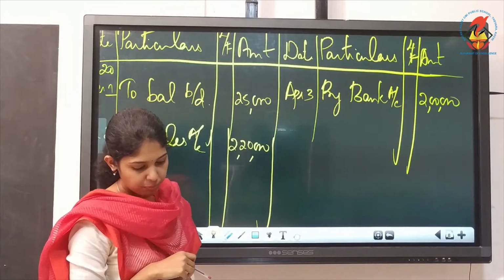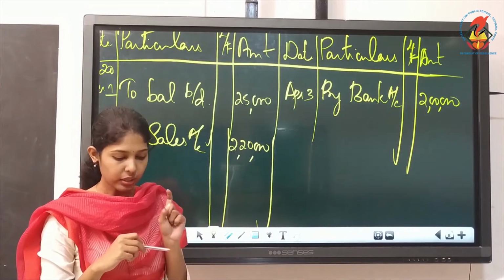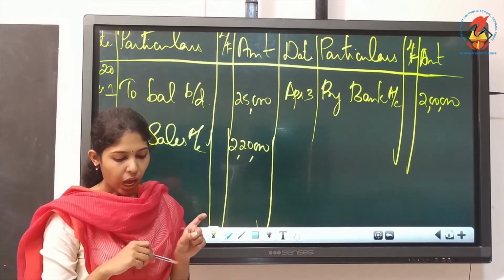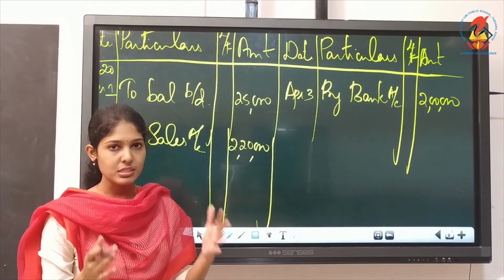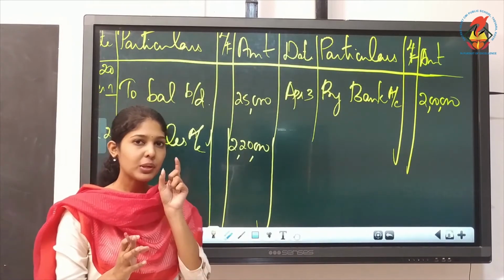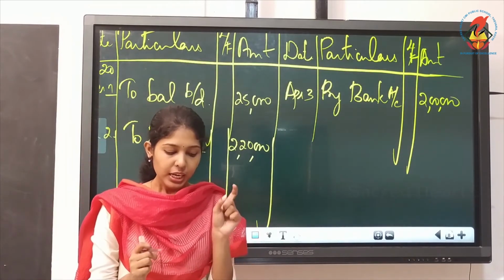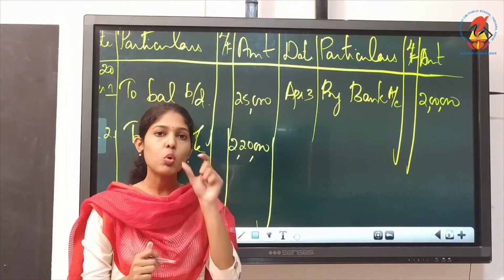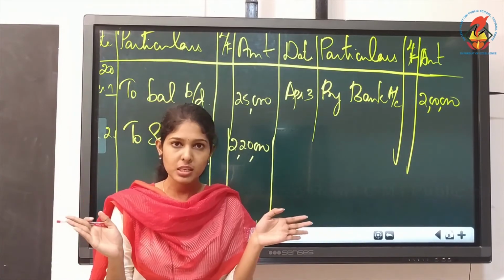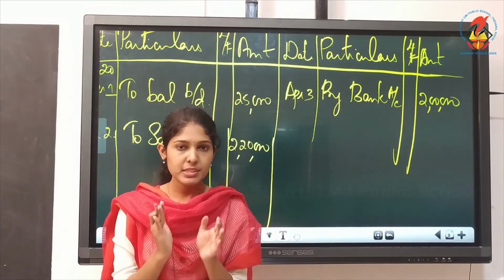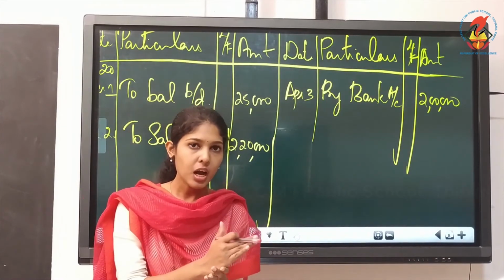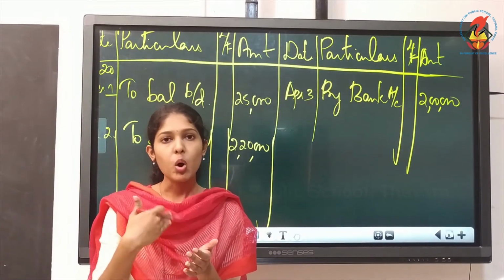Then the next one, issued check to a creditor after deducting cash discount. So there is discount and all. Other than that, read that sentence once again. Issued check to a creditor. What will be the basic entry? You leave the discount part. Creditor's account, debtor, to what is moving out?